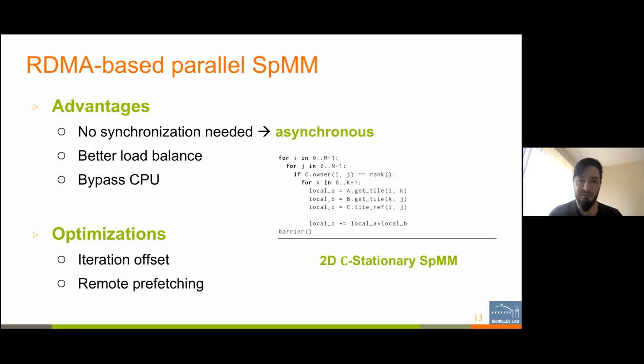This is to reduce the load on the network interface cards by ensuring that the processes make their put and get requests to different network interface cards. We also have remote prefetching, where we prefetch the submatrices or tiles of the upcoming iterations. And this enables overlapping of computation and communication.